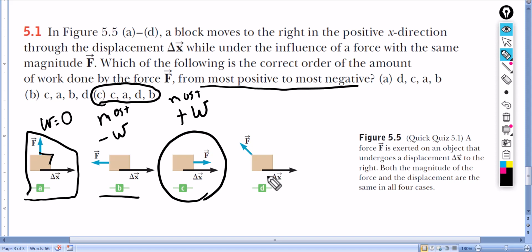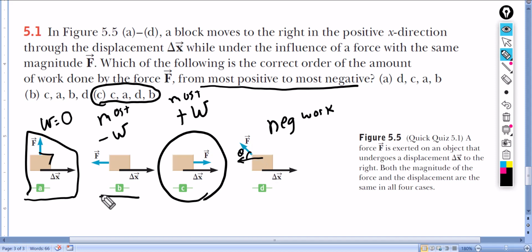Okay? Because with D, we actually have negative work being done. And it's not even the most efficient work because it's at an angle, right? It's not quite parallel. So we end up only using the horizontal component of this work, not the full value or magnitude of the force that's being applied.